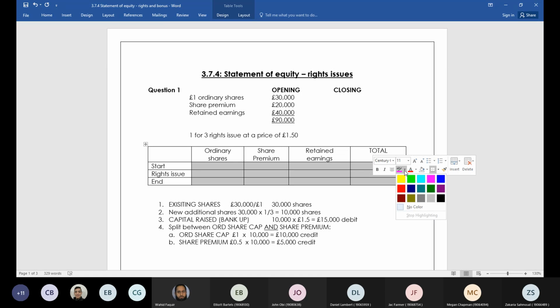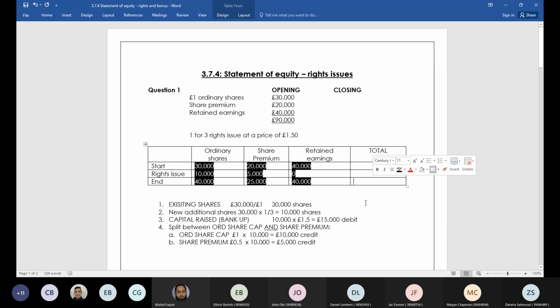Now let me see if I've got the figures already there. I have, I think that will work. Right, so let's just put the totals in as well, which we didn't have. 90,000 going across.